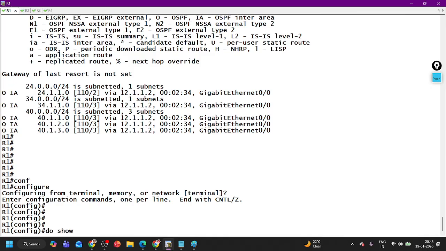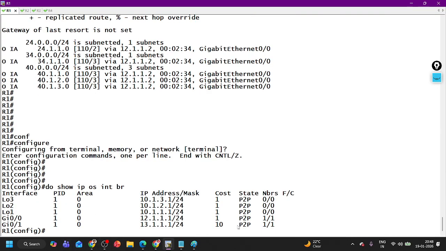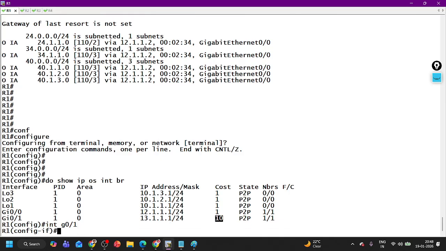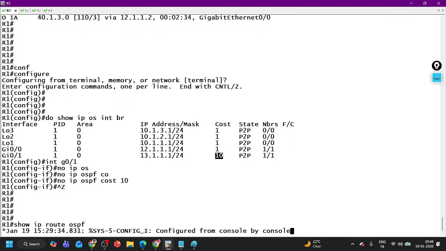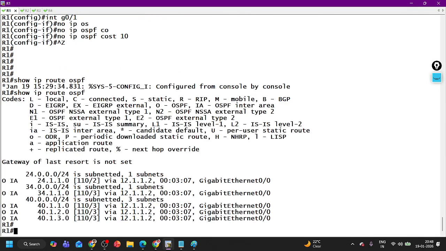So show IP OSPF interface brief. Somewhere I have changed the cost value on interface G0/1; the IP OSPF cost 10 command is running. No IP OSPF cost 10. Now you will see the load balancing here.